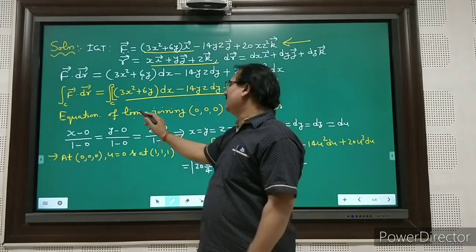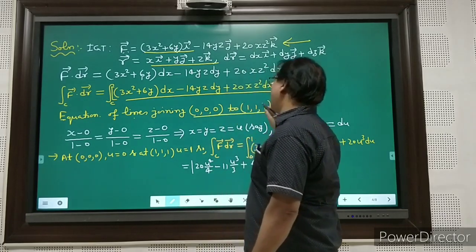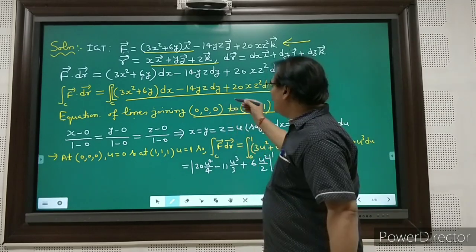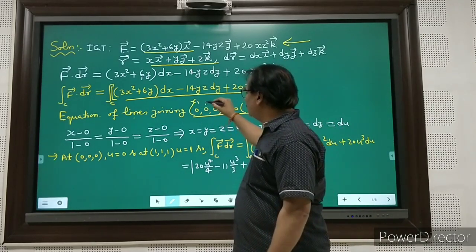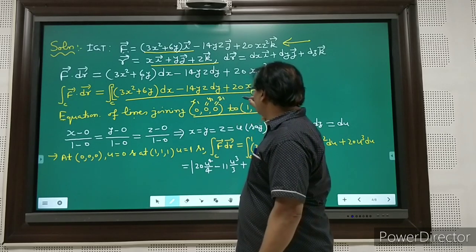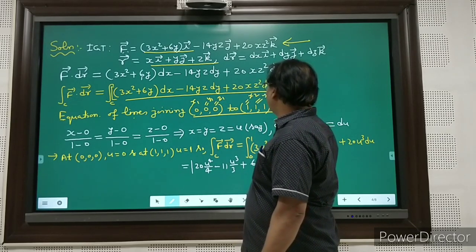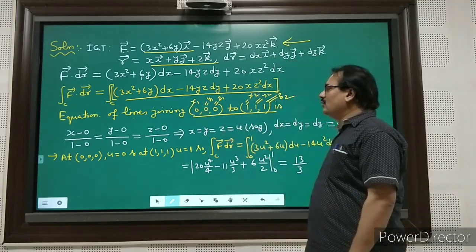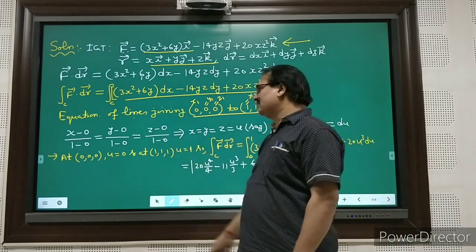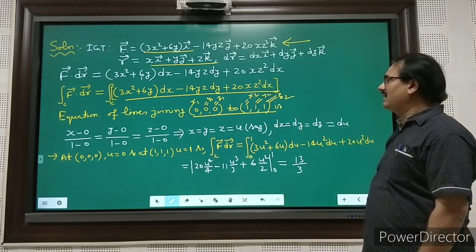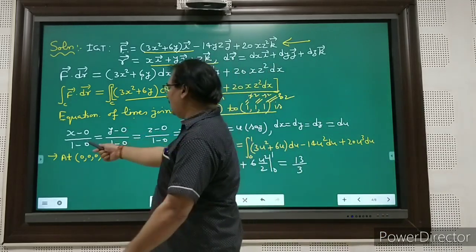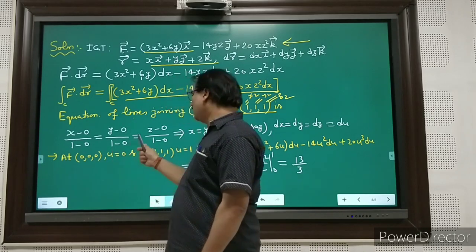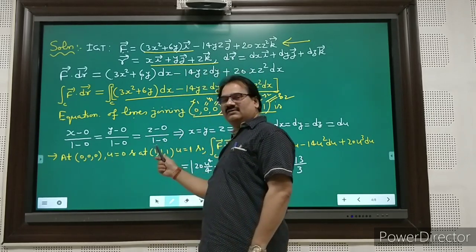Now, the equation of the line joining these 2 points (0, 0, 0) and (1, 1, 1) is how you can write. This is x1, this is y1, and this is z1. Similarly here x2, y2, z2. In this case it is easy, but if they are numbers, then also you can write. The formula you know well: x minus x1 divided by x2 minus x1 is equal to y minus y1 divided by y2 minus y1 is equal to z minus z1 divided by z2 minus z1.